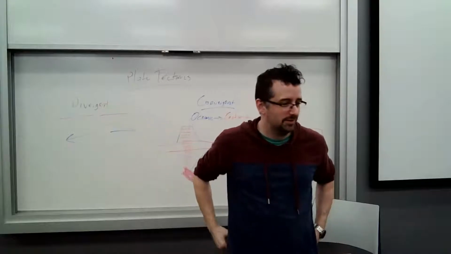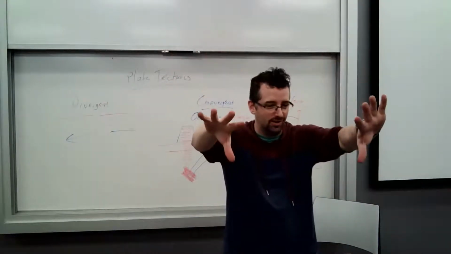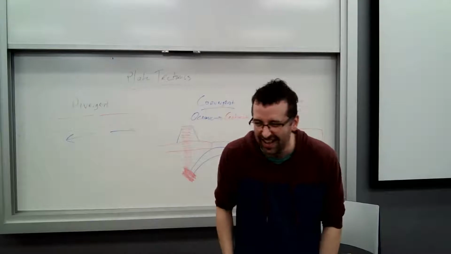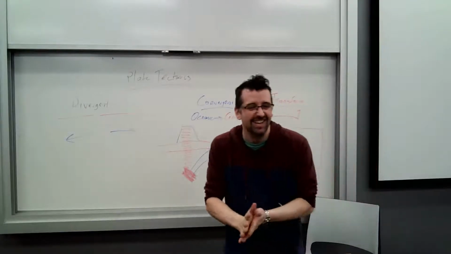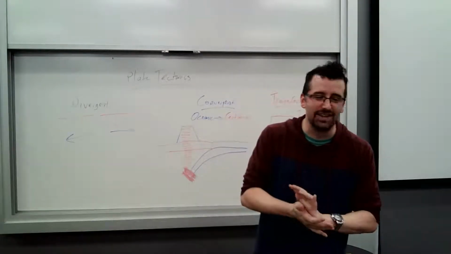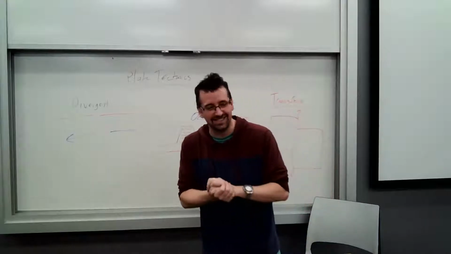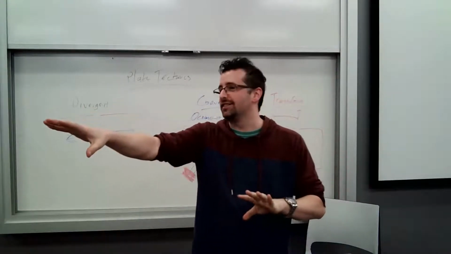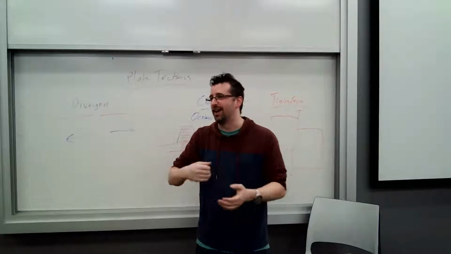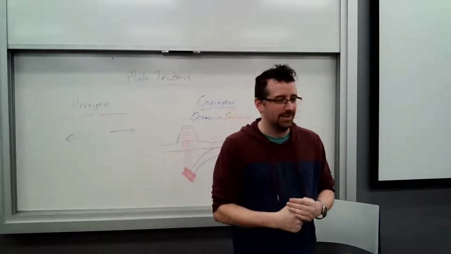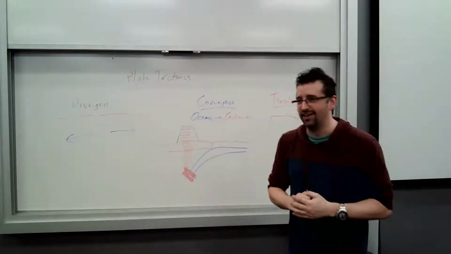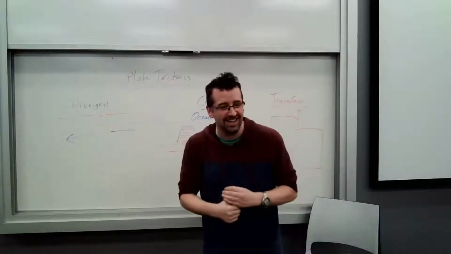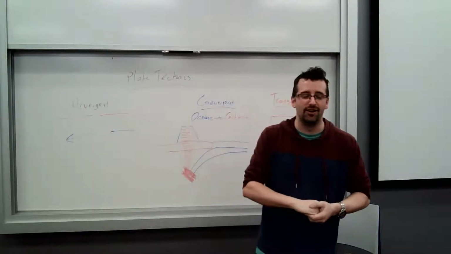No. The outermost layer. The lithosphere, that is correct. Technically correct, which is the best kind of correct. So, yes, the lithosphere. The lithosphere is the outermost layer of the Earth.